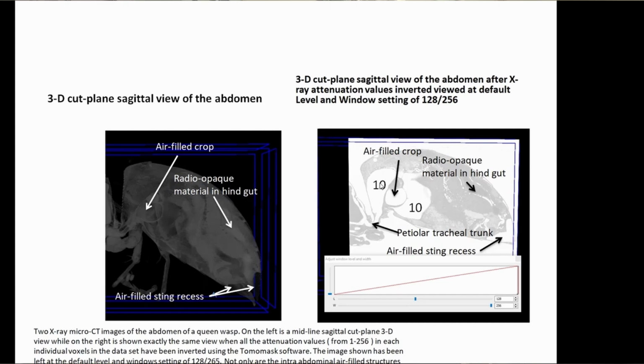Now here, although we're seeing some of the tracheae, particularly the tracheal vessels joining the abdomen with the back of the thorax, we're not seeing these other vessels very well, but as you'll have guessed, by moving the windows and levels, the rest of the tracheal system becomes progressively easier to see.